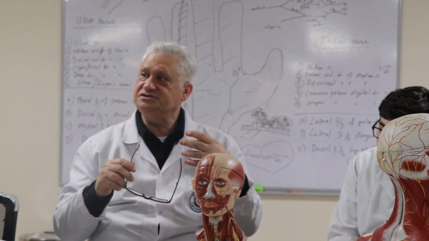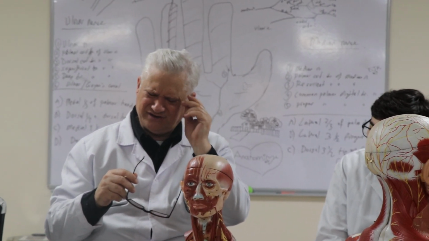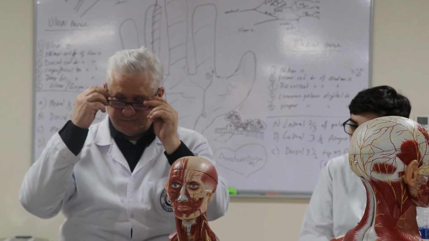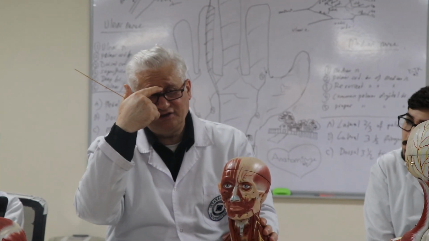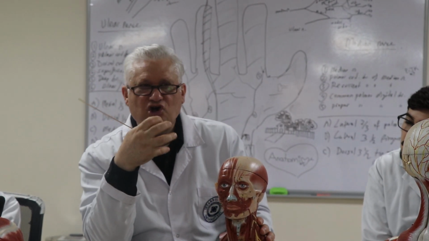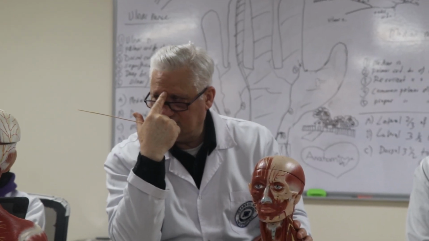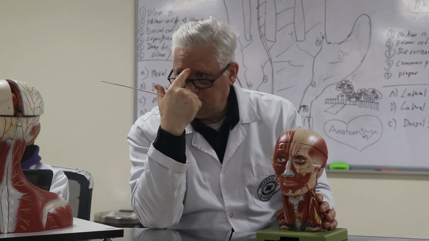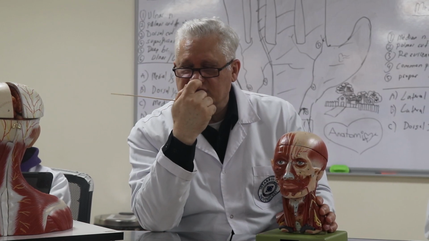The procerus and corrugator supercilii do these similar activities. If you want to do Botox, where do you have to do it? In this area, which is referred to as the glabellar complex muscles. Both the procerus and corrugator supercilii are located in the glabella area, so you have to do Botox in the glabellar area.